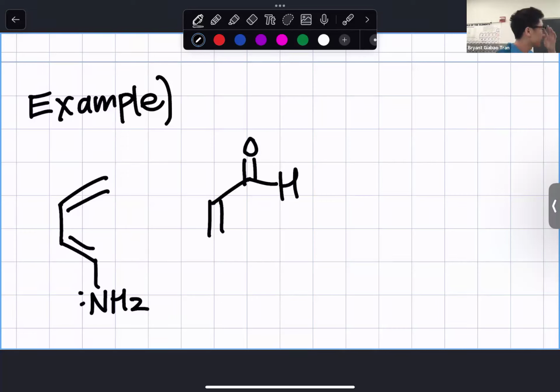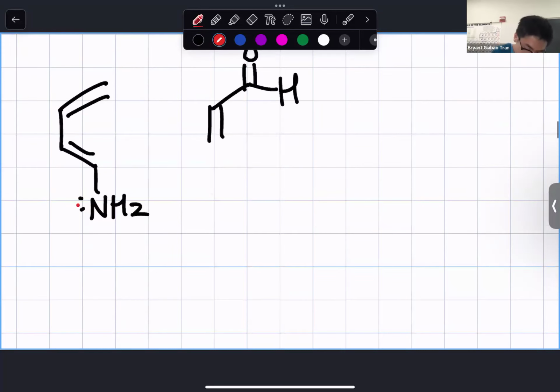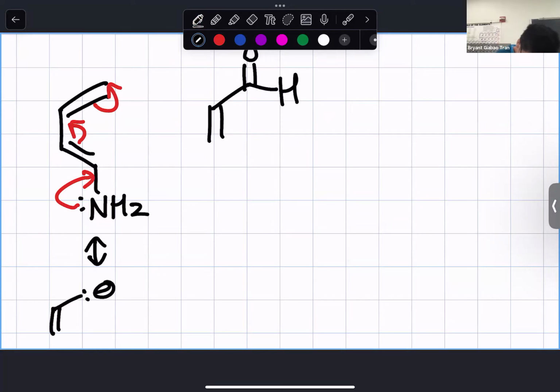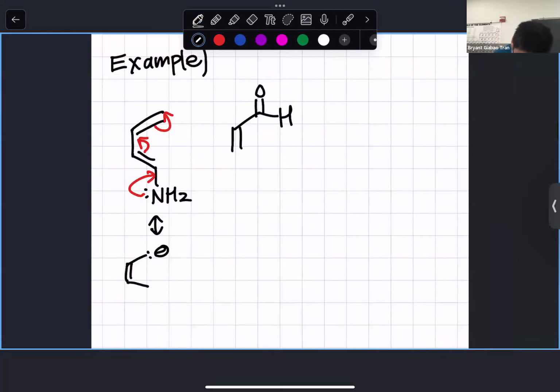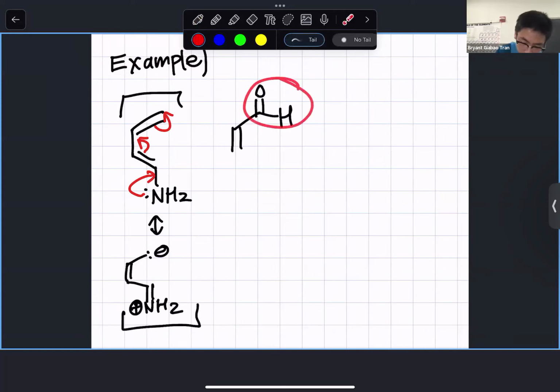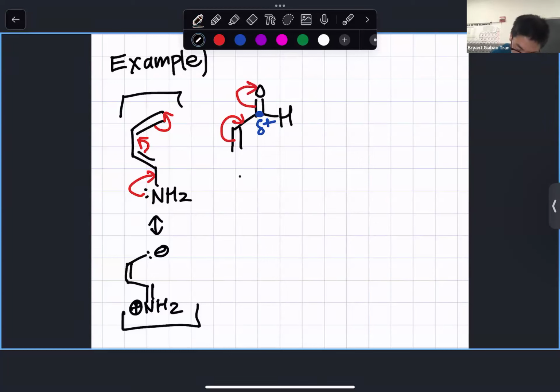We know this nitrogen is partially negative with a lone pair, so when we draw its resonance structure, we get this. This is an EWG because the atom directly attached to the dienophile is this partially positive carbon, which wants to withdraw electrons from that dienophile, giving us this resonance structure here.